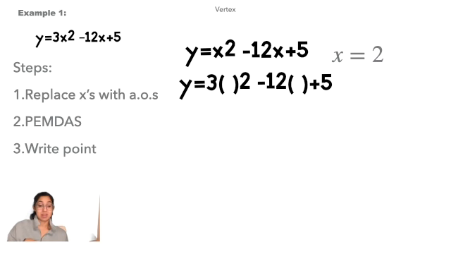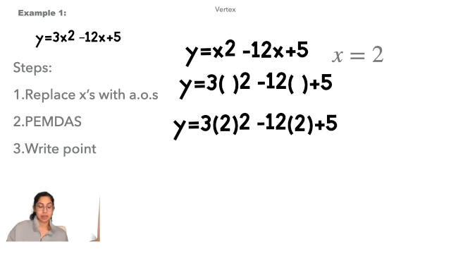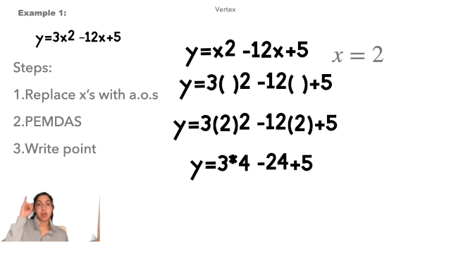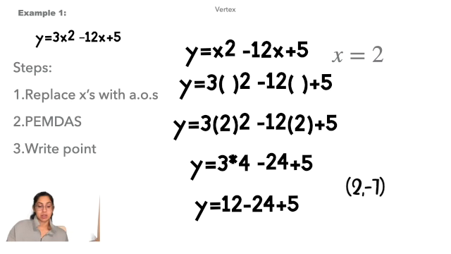So I'm replacing everything that has an x with a 2: 3 parentheses squared minus 12 parentheses plus 5. Remember, you do exponents first and then multiply. 2 squared is 4, then times 3 is 12. Negative 12 times 2 is negative 24, and 5 is 5. So 12 minus 24 plus 5 gives you negative 7. Our answer is 2, negative 7.